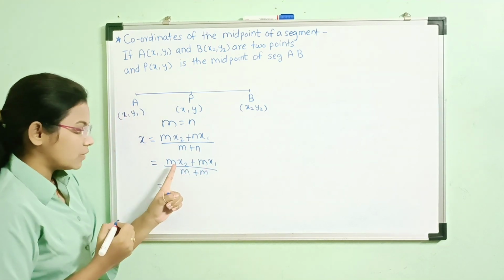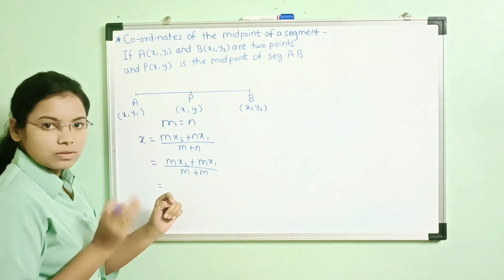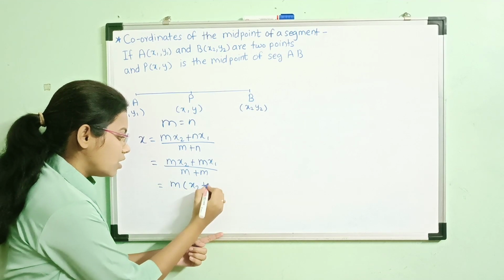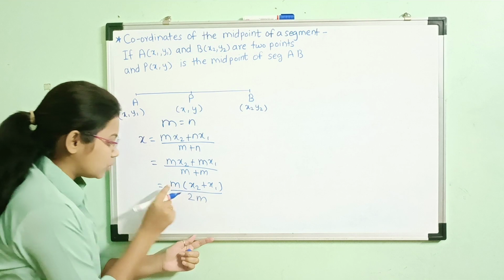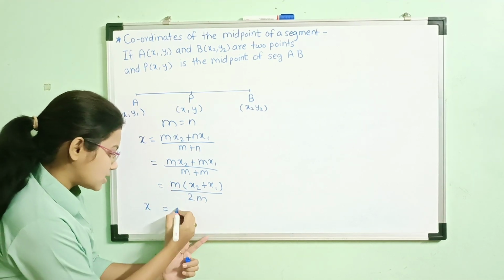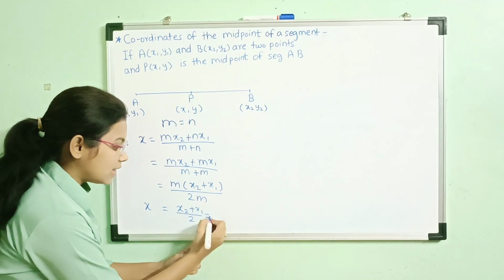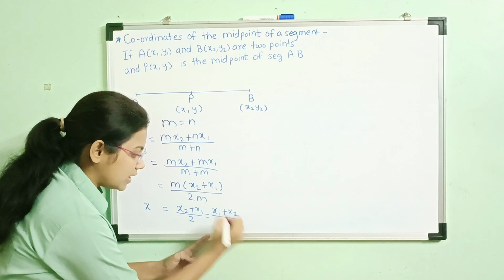Okay, so what you will get here, we can take m common, so m into (x2 plus x1) divided by m plus m, which is 2m. So this m and this m will cancel. So what will be the value of x here, (x2 plus x1) upon 2. You can write this also as (x1 plus x2) divided by 2.